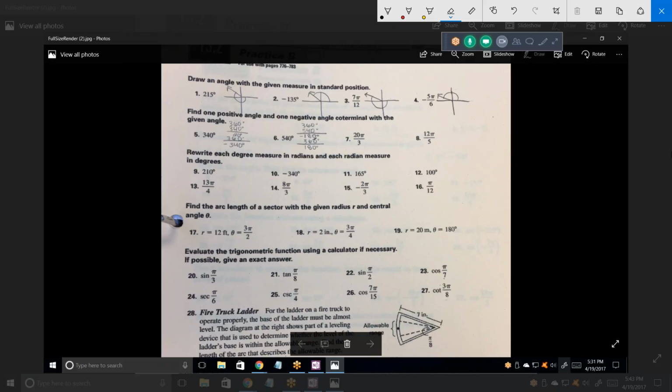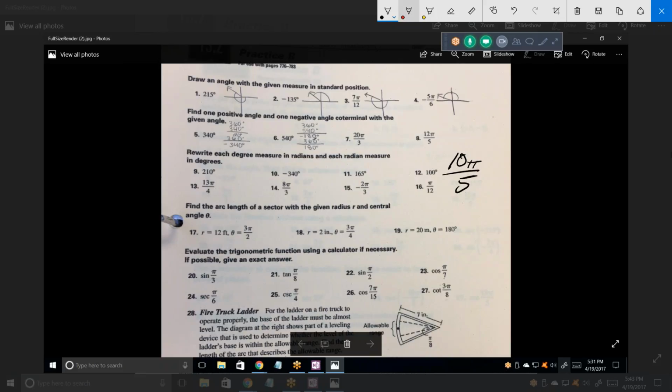Okay? All right. So if you don't know whether this is greater than 2 pi or not, you should be able to figure out that this is greater than 2 pi, just because 2 pi is 10 pi over 5, correct? Yeah. Well, this is 12 pi over 5.